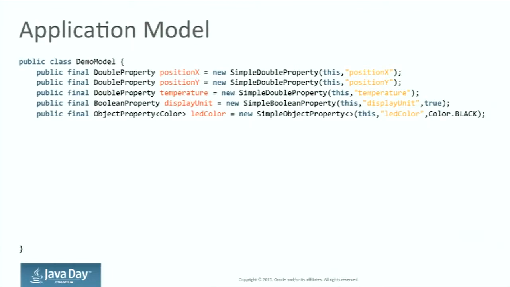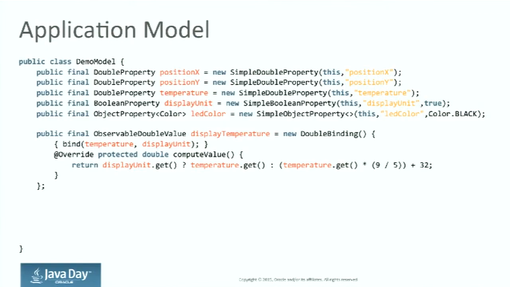The first thing we have is a double property, so we have position X and position Y of the joystick. We then have temperature. We have display units for whether we're going to display that temperature in Celsius, like most of the world, or Fahrenheit, like the US. And then we have the color that represents the color of our LED.